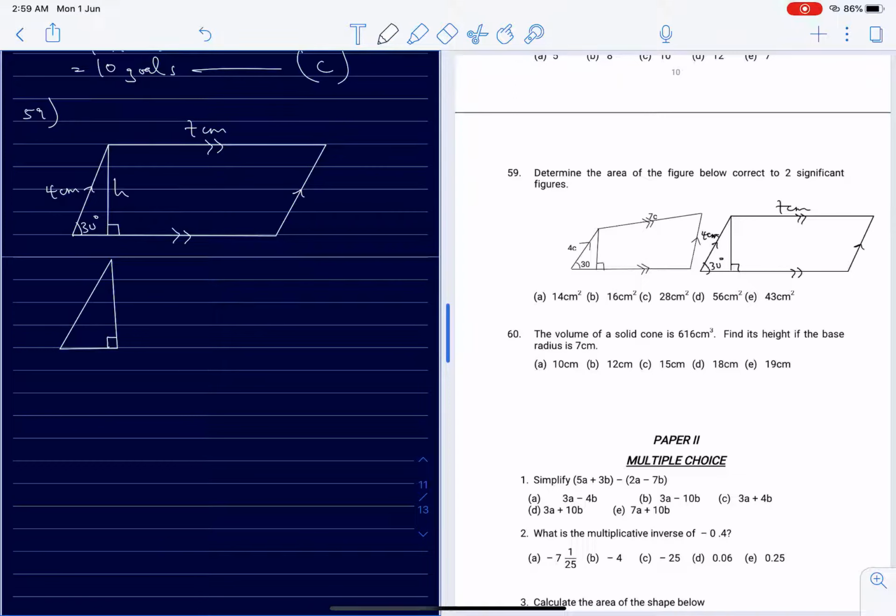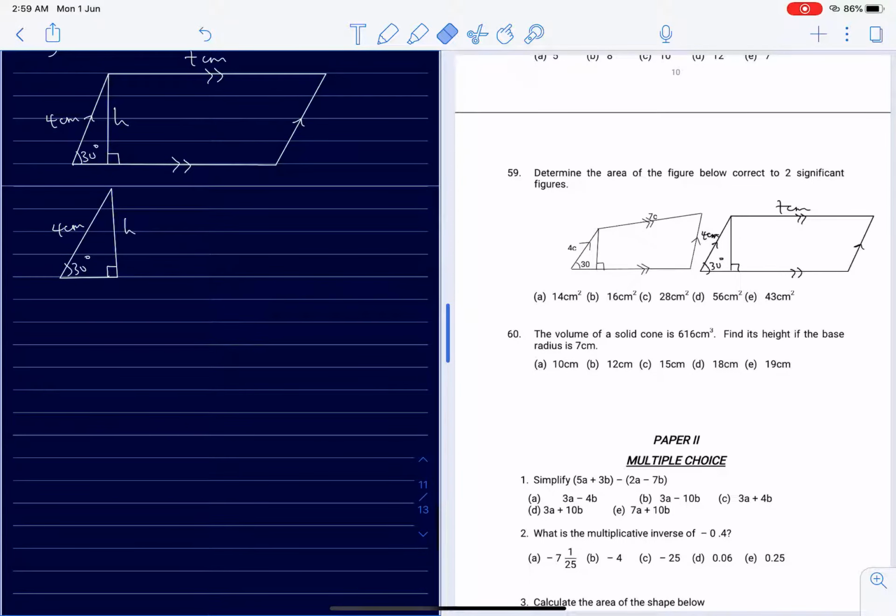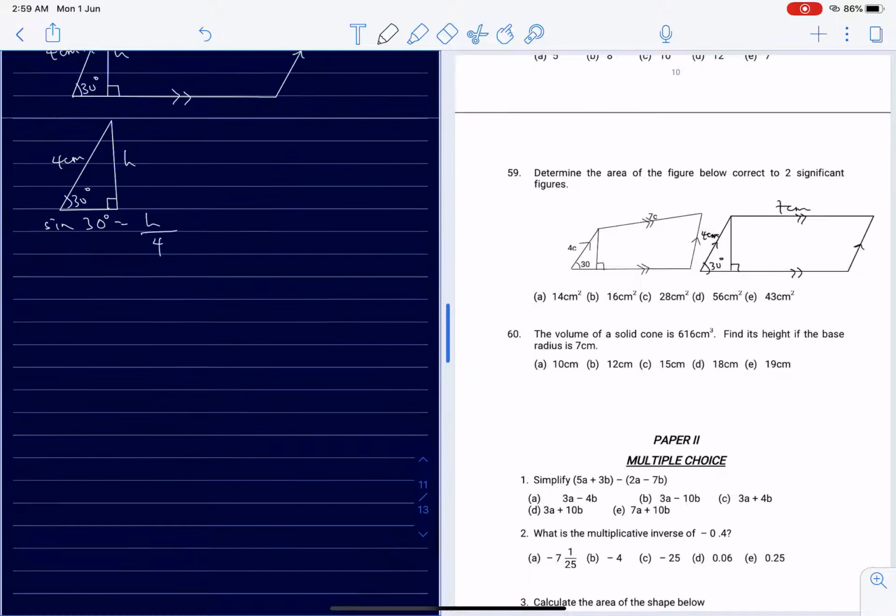Of course, this will be a perpendicular, so this is 4 centimeters. This is 30 degrees, and this is h. So I can find this: sine 30 degrees equals opposite over hypotenuse, which is h over 4.